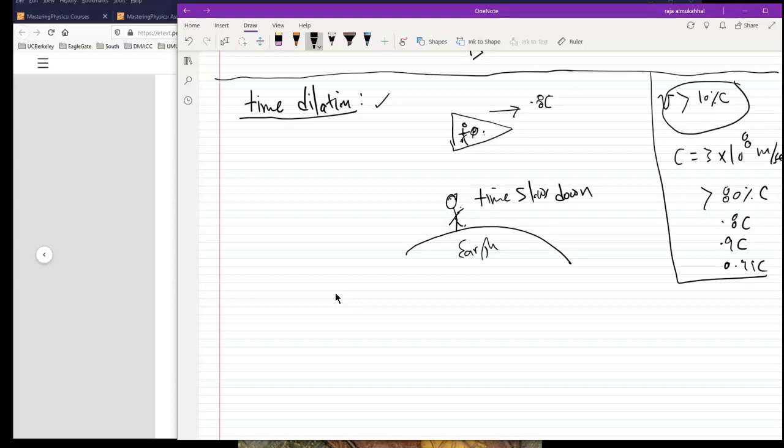Now, the time that is measured by the person inside the spaceship, that time, we call it the proper time. So, proper time: time measured by the observer in the spaceship.